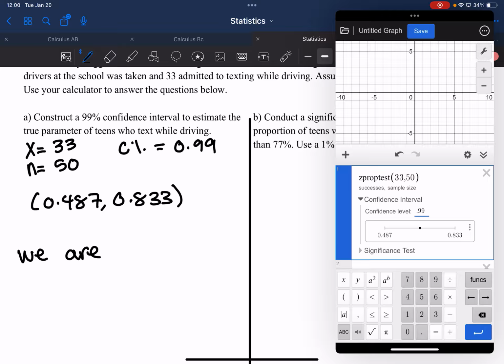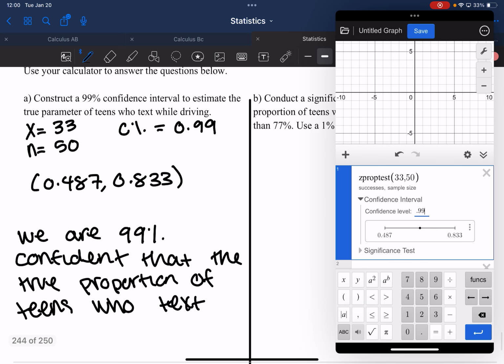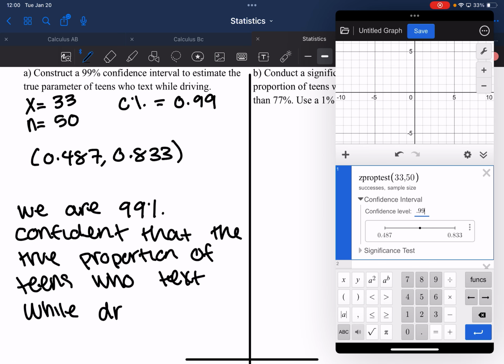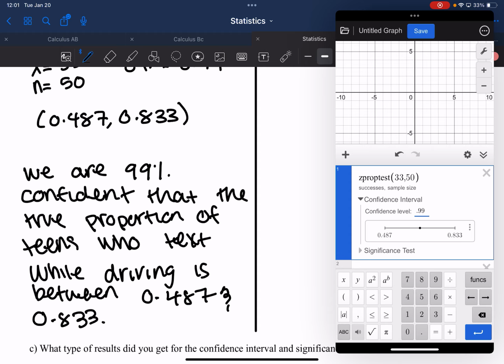We are 99% confident that the true proportion of teens who text while driving is between 0.487 and 0.833.